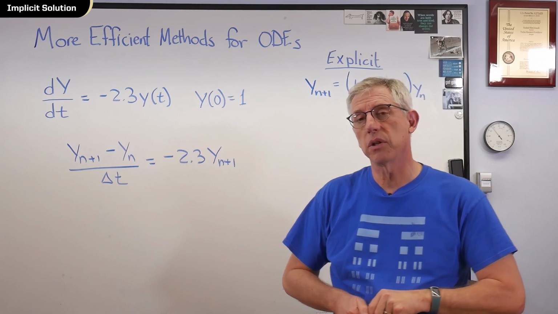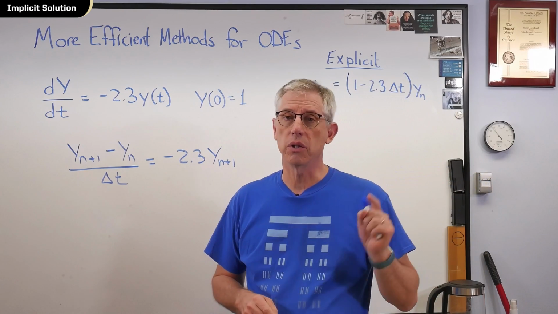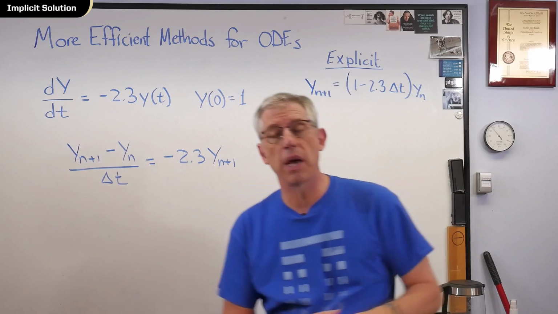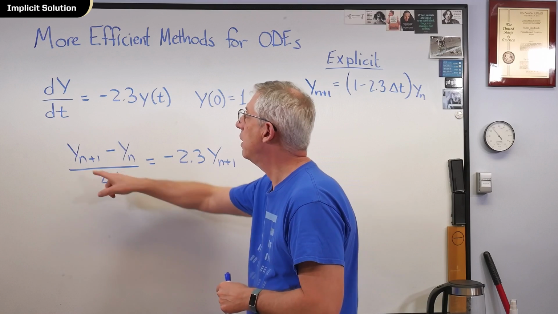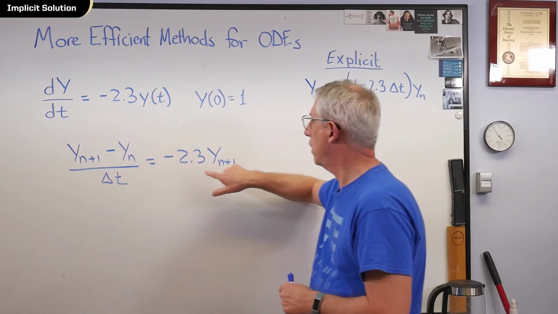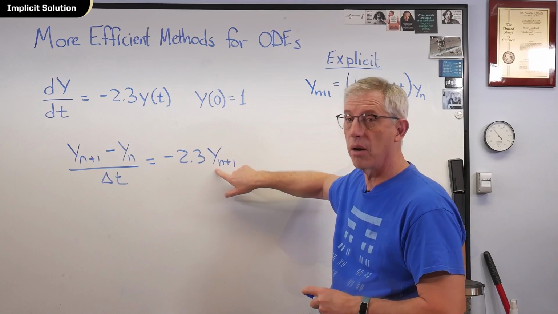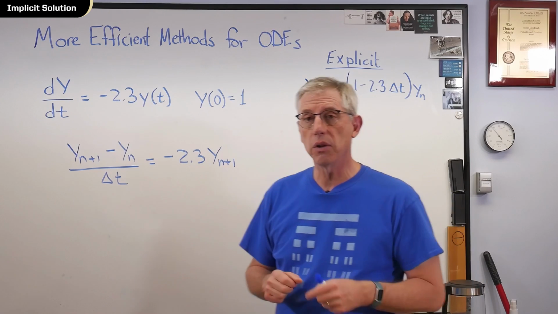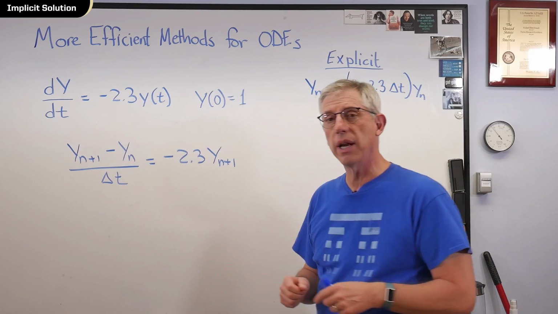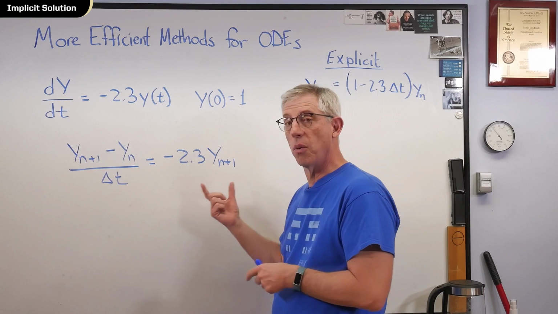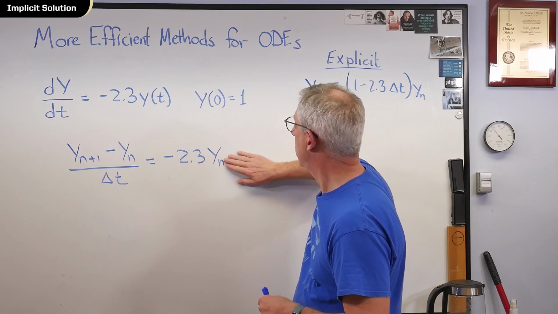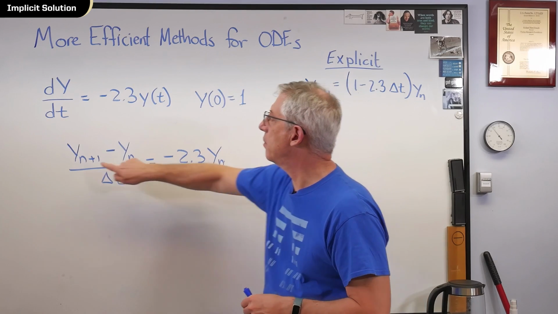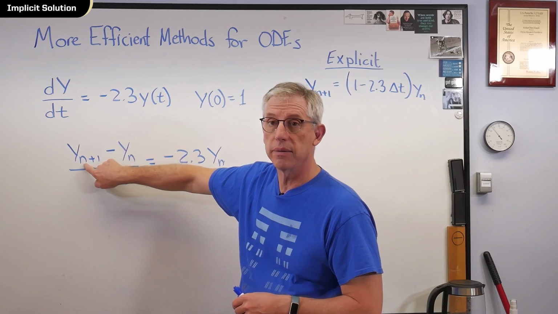With the explicit solution, all we knew was the slope where we were, and we were going to step forward based on that slope. Right? With this one, we've got y of n plus 1 there. It's really looking backwards. If you look at the right-hand side of the equation, before, when this was y of n, it says here's where I am, here's where I think I'm going.